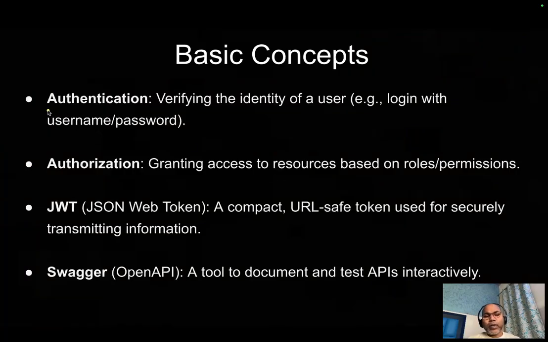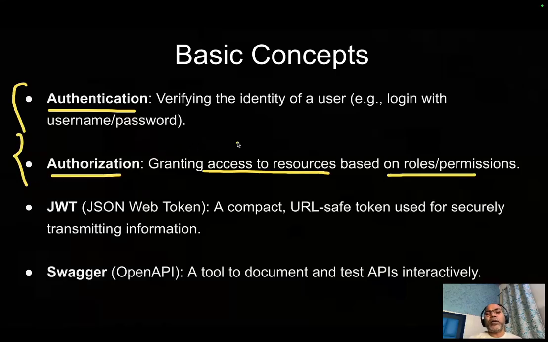So authentication is validating the right user. Second, authorization is checking what your role is. You are the admin role, you are the HR role, you are the finance role. According to the role, you can access the resources or the API. So these are the very basics of authentication and authorization.